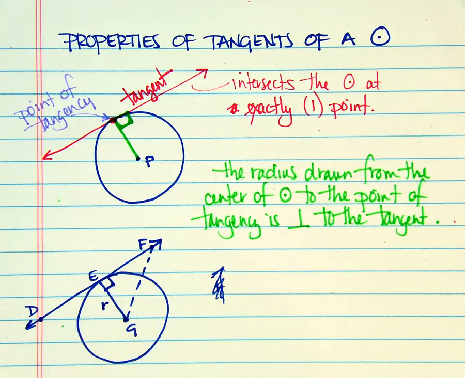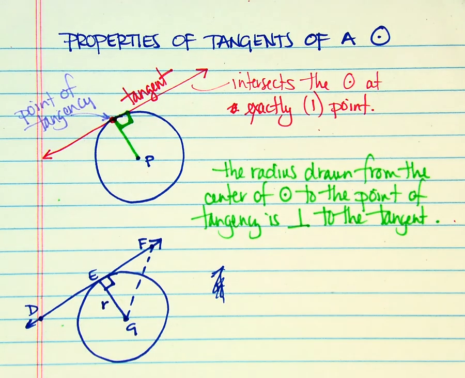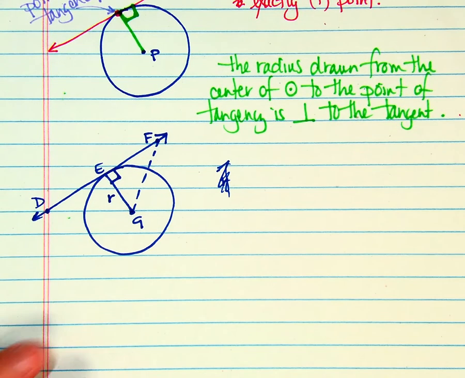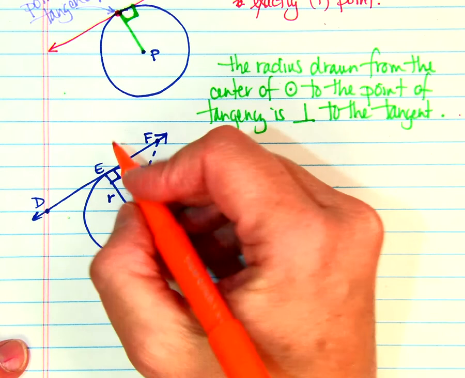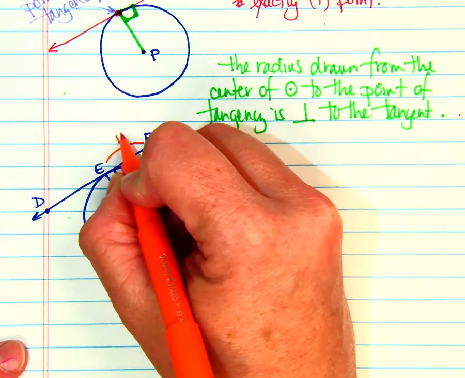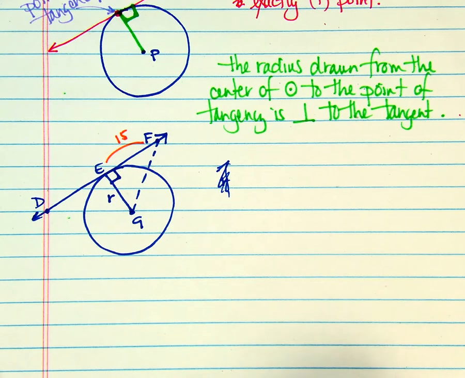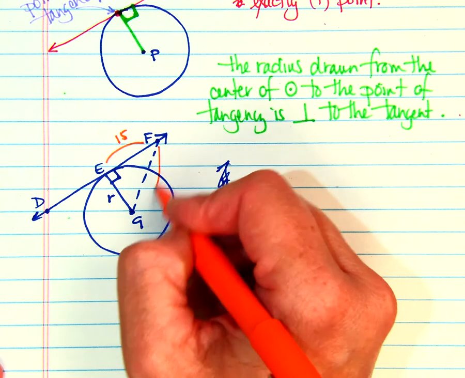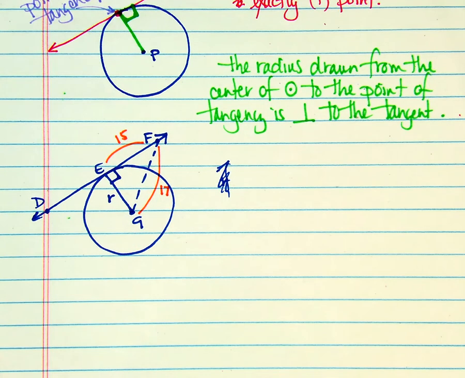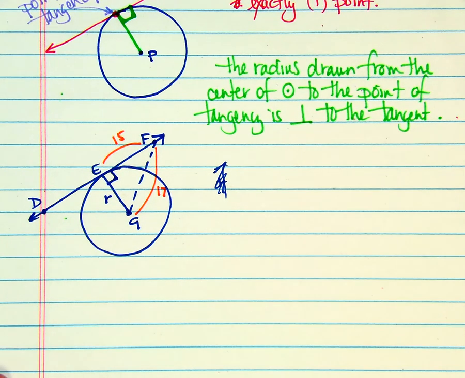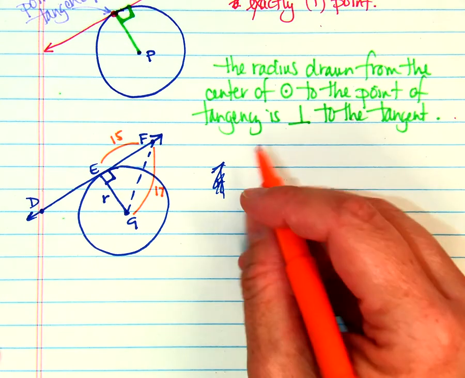What's going to be happening is that good old Pythagorean theorem. We know that EF is 15, and we know that FG is 17. You have enough information to find the radius by using the Pythagorean theorem.